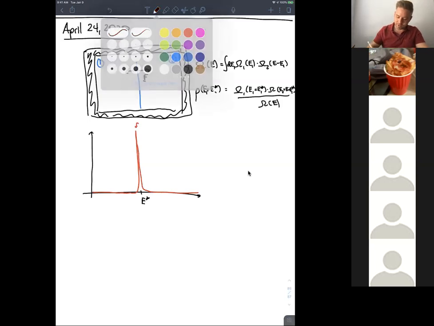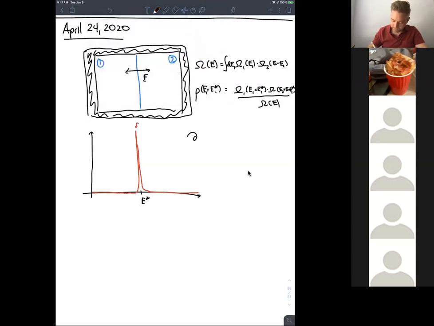Okay, now when you calculate maxima of functions, the way that you do this, I guess I should use a total derivative. So what we were doing was this, and to find the maximum of this function, we find where this thing is equal to 0. So in other words, this relationship essentially allows us to determine what E star is going to be. All right, so we're taking derivatives of rho.